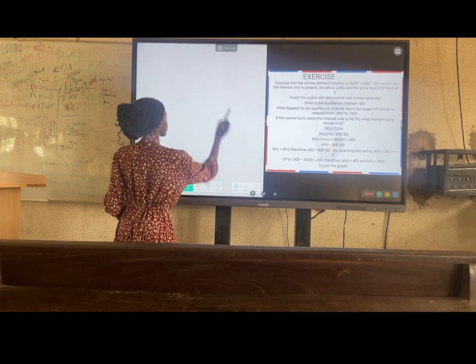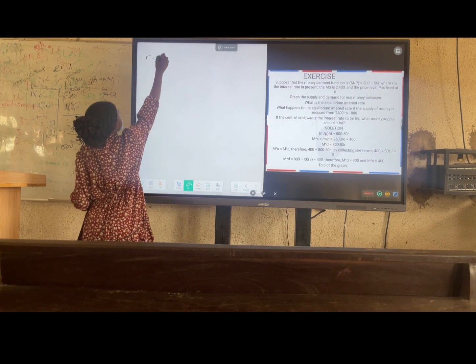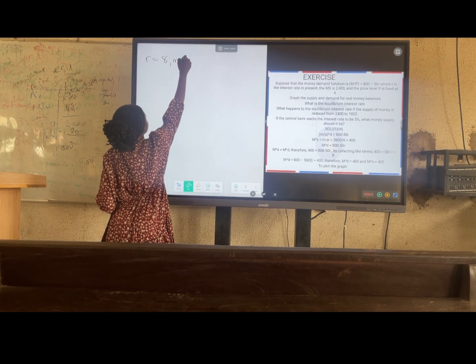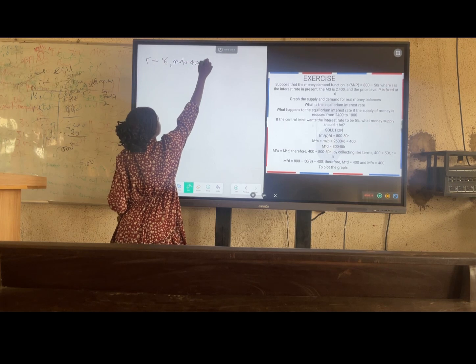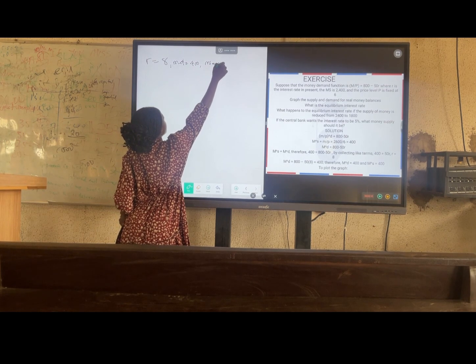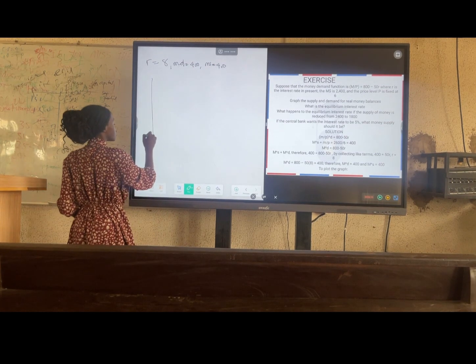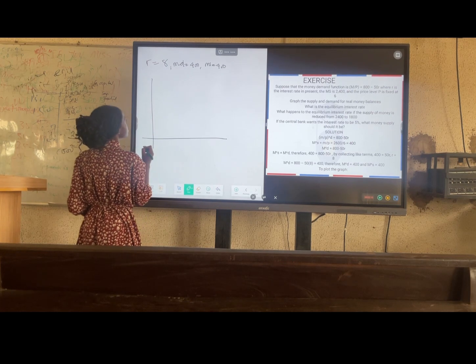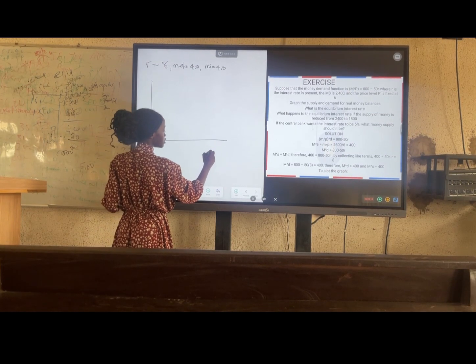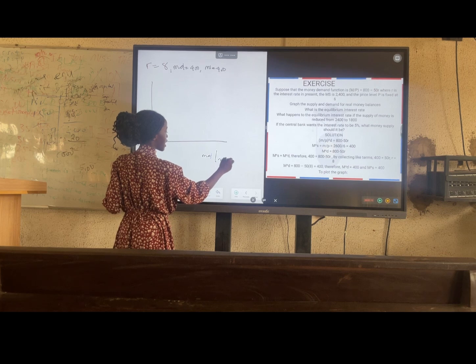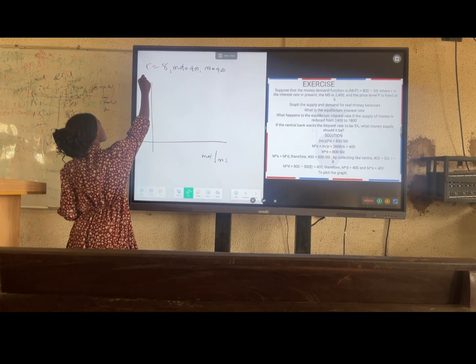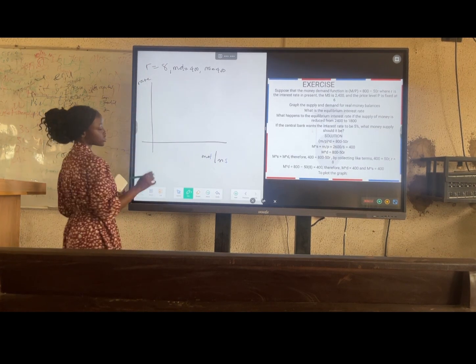So to plot the graph, my rate is 8, money demand equals 400. Okay, so this is my money, and this is my rate.